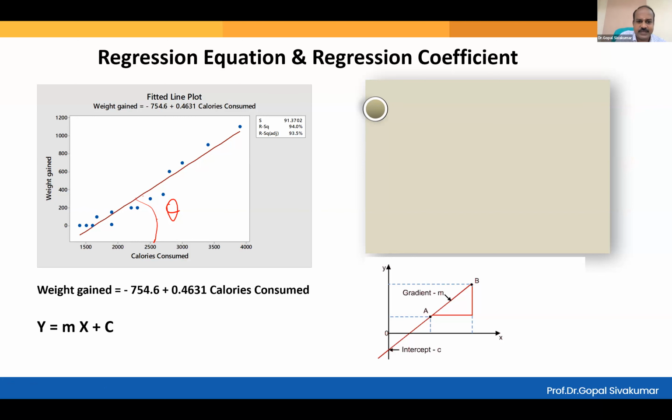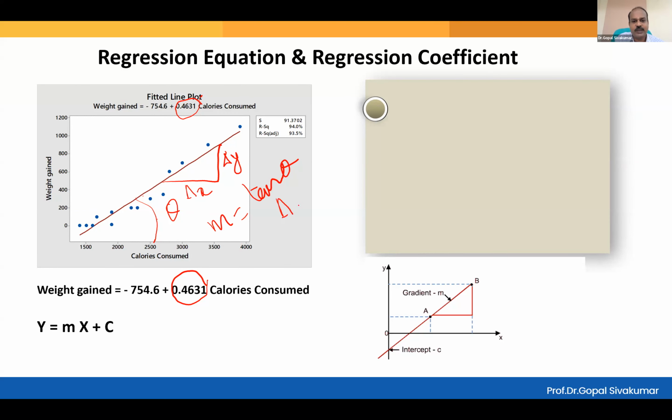Once this angle is measured, simply go for tangent of the angle, tan theta. That will give you this 0.4. This is one method. Another method: you draw a horizontal, draw a vertical. The vertical line length is del y. The horizontal line length is del x.